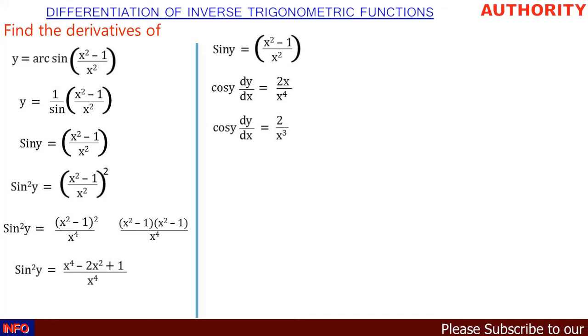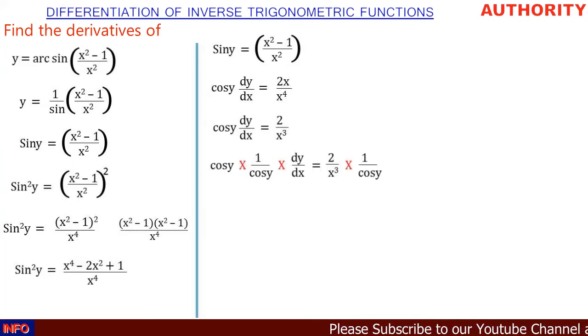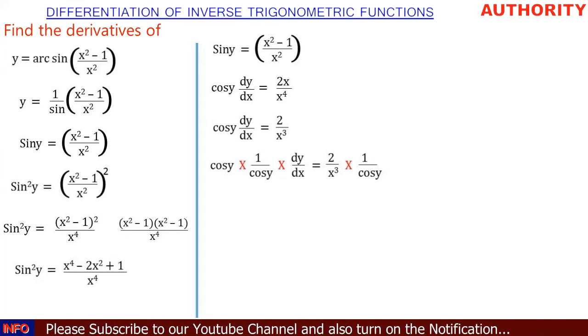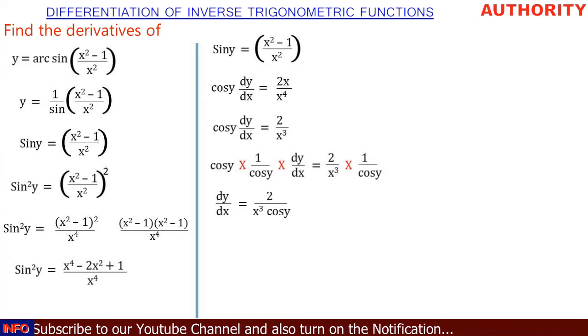So when we multiply the left hand side and the right hand side by 1 all over cos y, we're going to have cos y times 1 all over cos y dy all over dx is equal to the right hand side 2 all over x raised to power 3 multiplied by 1 all over cos y. So here we have cos y, we cancel cos y, right? We're going to be left with dy all over dx, which is our main aim. We want to make dy all over dx the subject, okay? So here in the right hand side, we're going to have 2 all over x raised to power 3 cos y. Is that true? Yes.